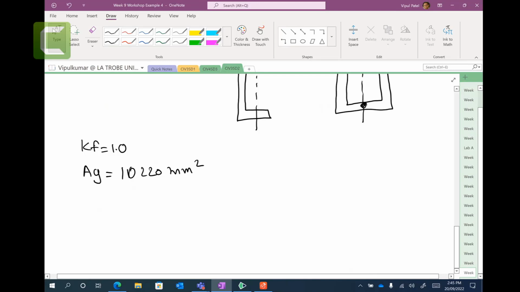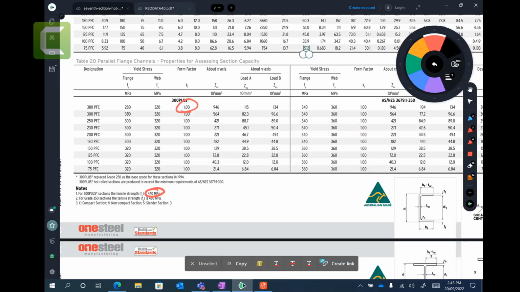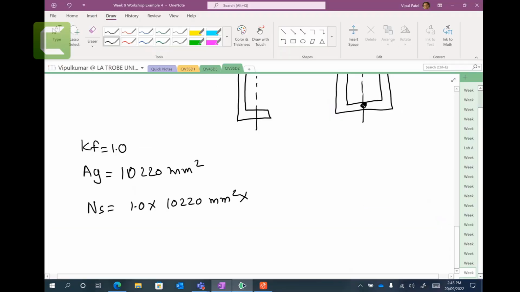So Ns equals Kf times 10220 millimeter square times 300. So we get 10220 times 300. You get 3066 kilonewtons.